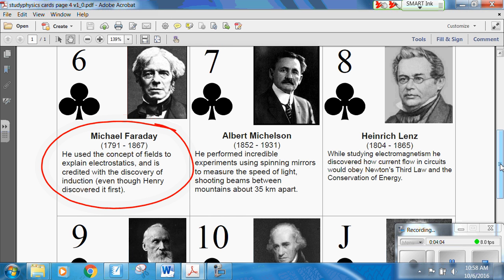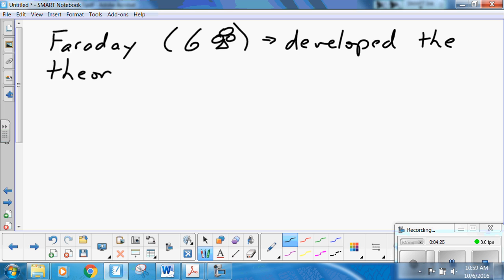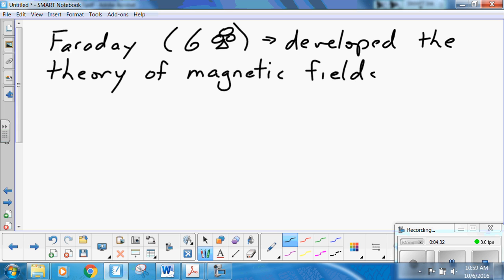Anyway, Faraday, you may know him more for chemistry redox. Anyway, Faraday. He developed the theory of magnetic fields. And electromagnetism, but that comes later.